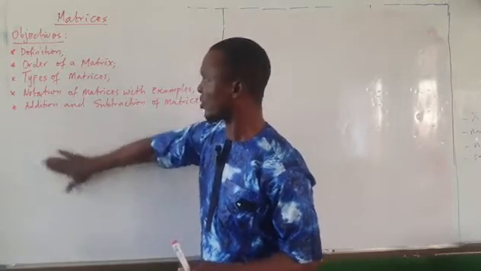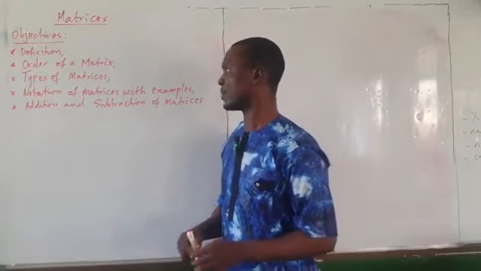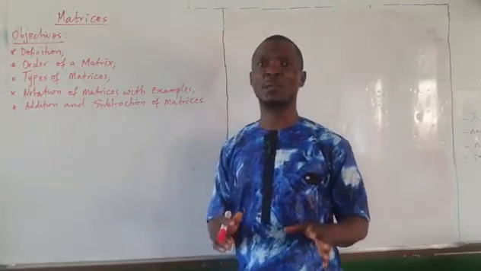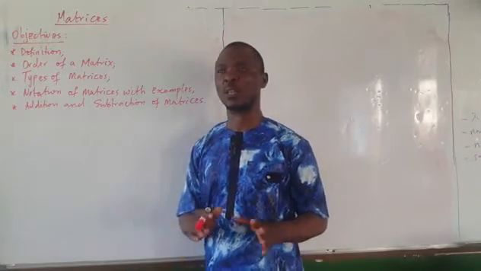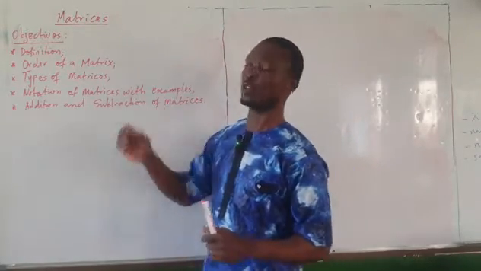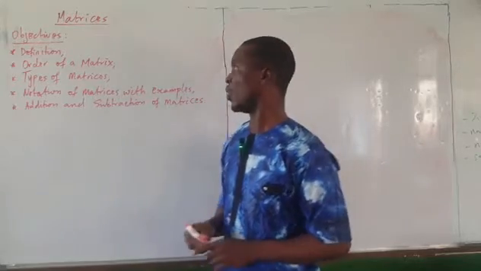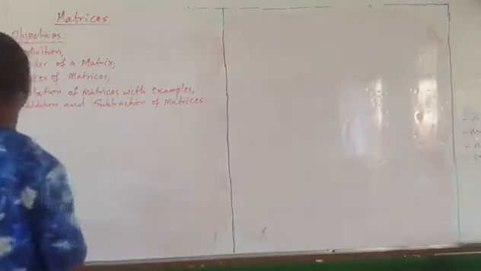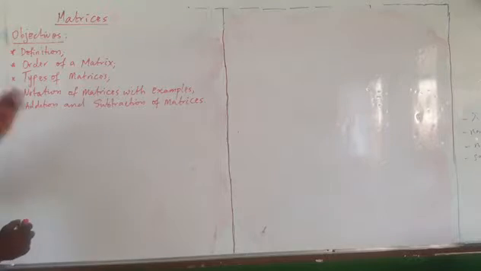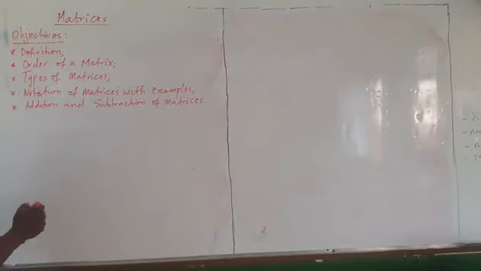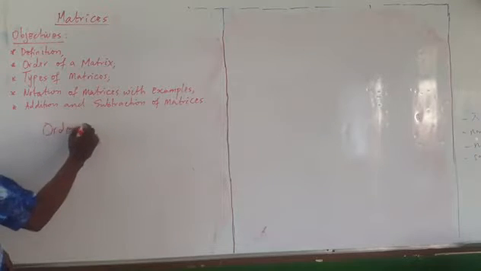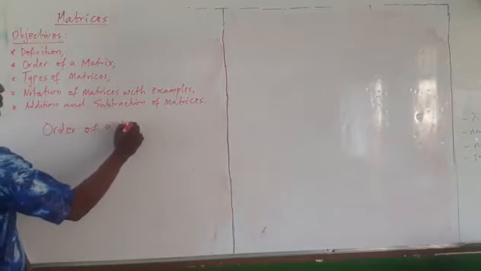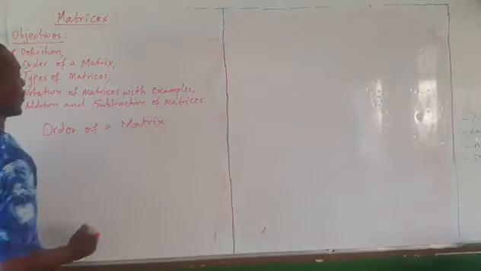The order of a matrix simply means the name of the matrix. We name the matrix according to its order.